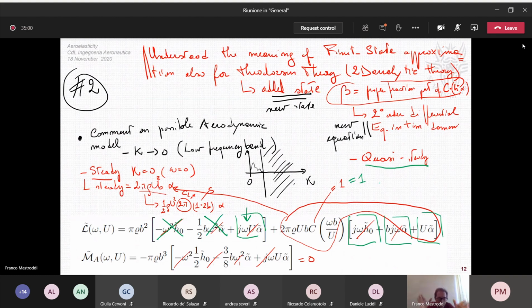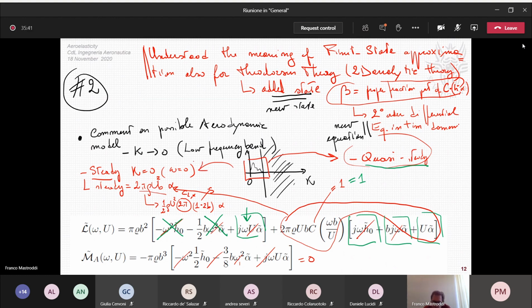And so if you use this equation for the unsteady structure and a steady behavior for the aerodynamic, your model is not consistent. However, this model was used and is used a lot in the application, but it can be correctly used only if you can say something of your bandwidth of interest. If your bandwidth of interest is a limited bandwidth like this, you may hope to include a model like this or a model like this.